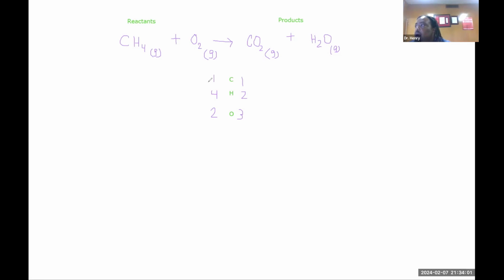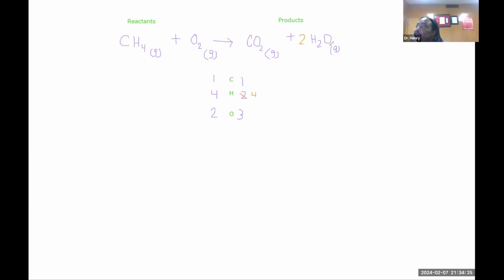Okay, so our carbon is looking good. Our hydrogen doesn't. So what do I need to do? Multiply by 2 to get 4 equal to each other. Okay, so we're going to put a 2 in front of the water. So 2 times 2, that's going to be 4.